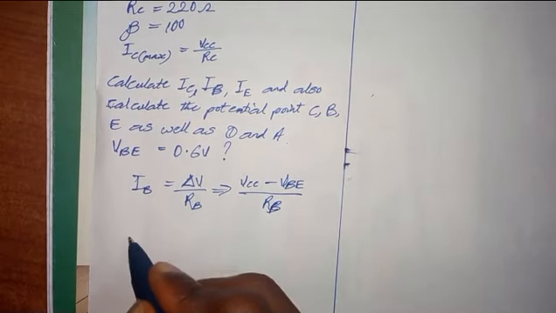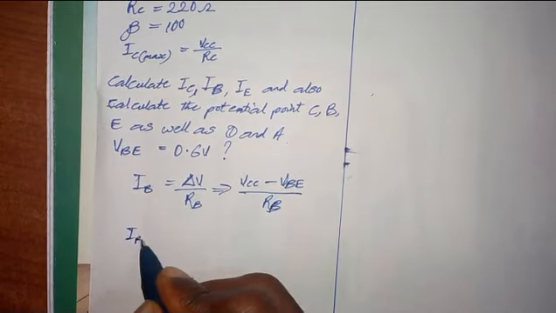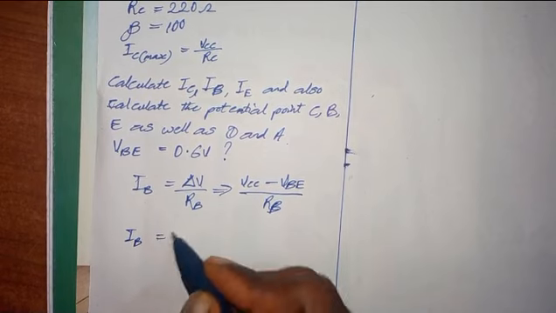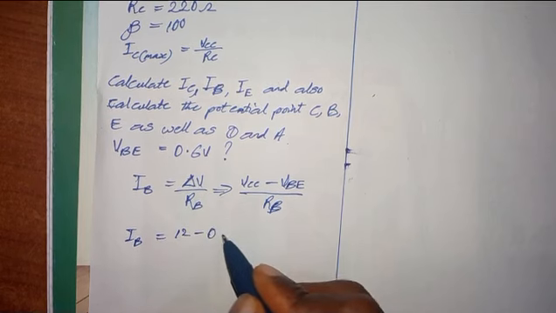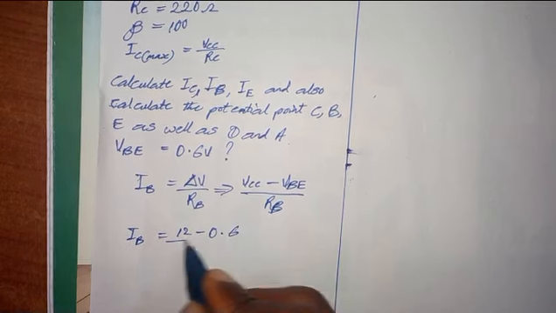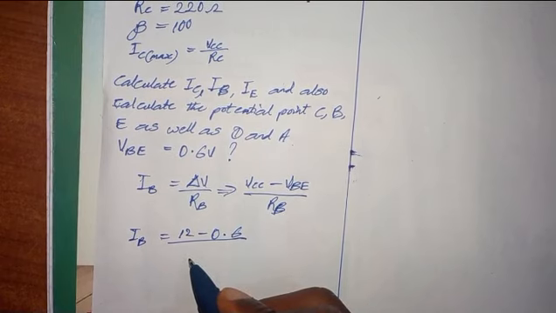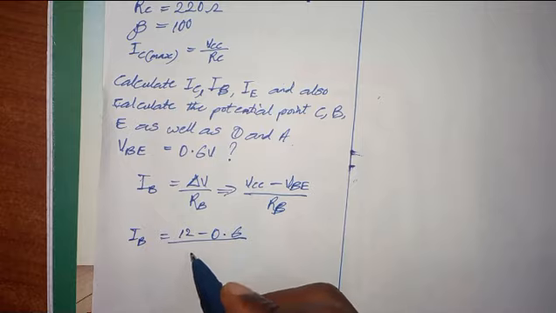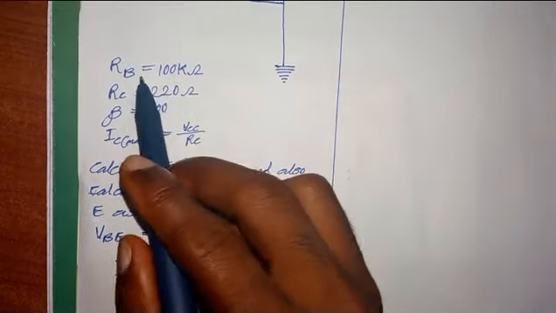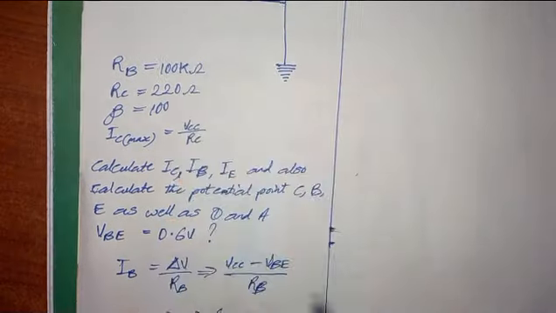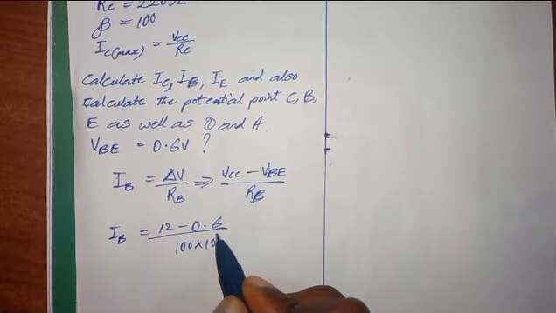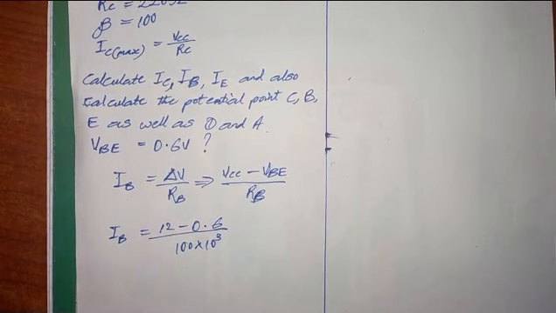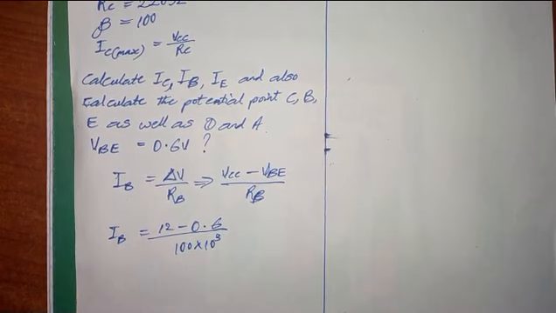So the current flowing through point B is 12 minus 0.6 divided by RB, and RB is given to be 100 kilo ohms, which is 100 times 10 raised to power 3. Kilo is 10 raised to power 3. That's why I write it that way.